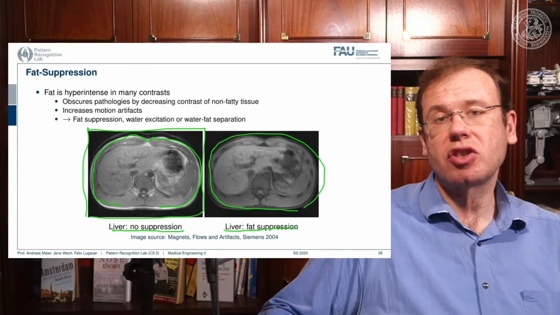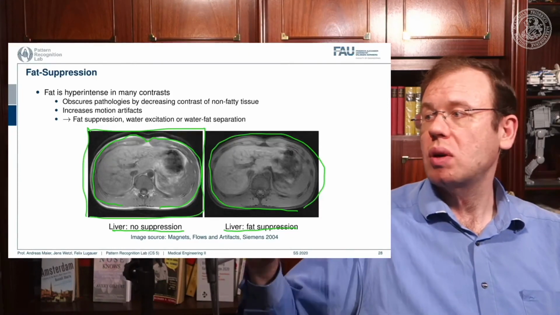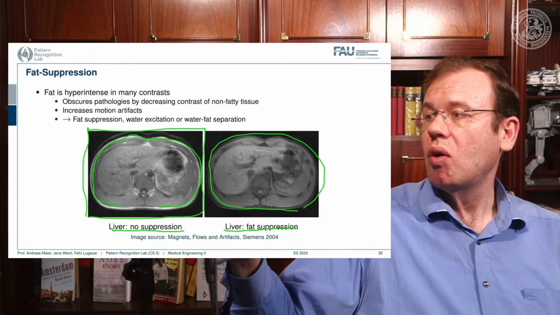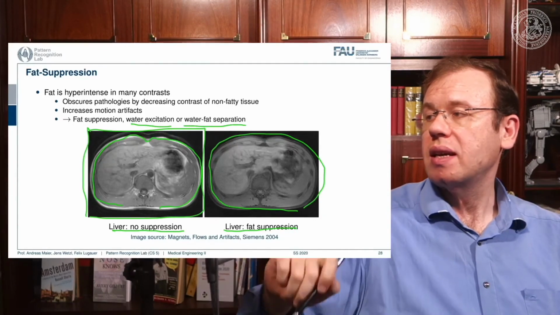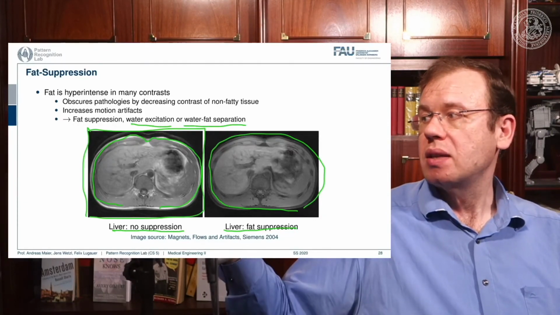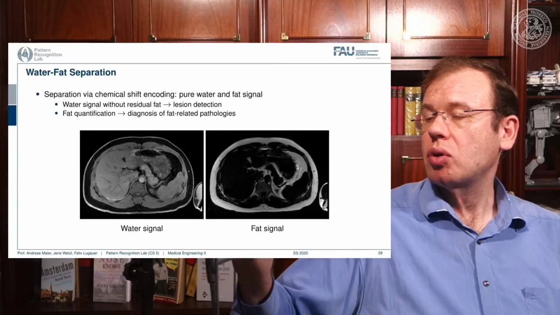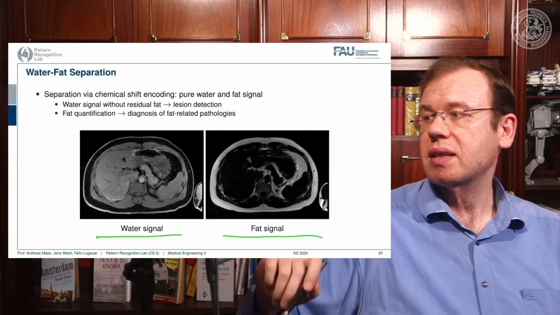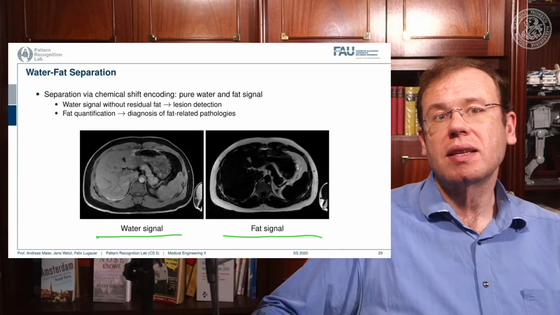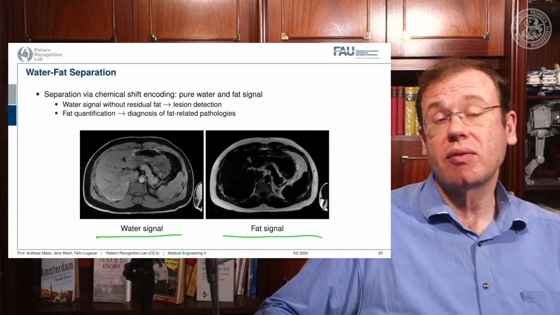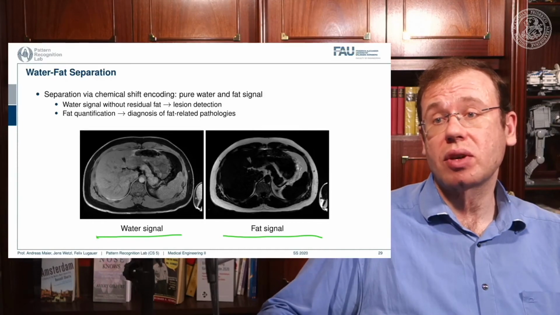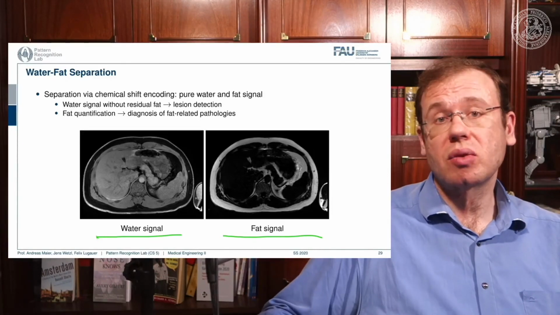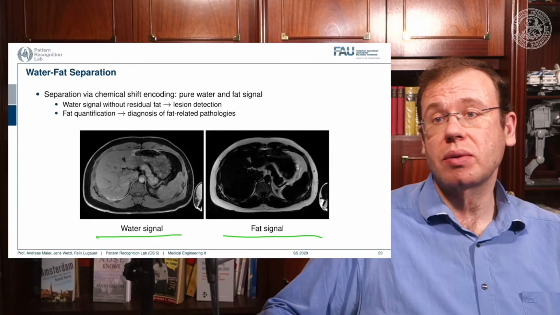Now that you can generate this difference between the two, this allows for water excitation or water-fat separation. So an easy approach is that you compute the water signal and the fat signal essentially by subtracting the two images, the fat enriched and the non-fat enriched, and this leads then to the decomposition into these materials.